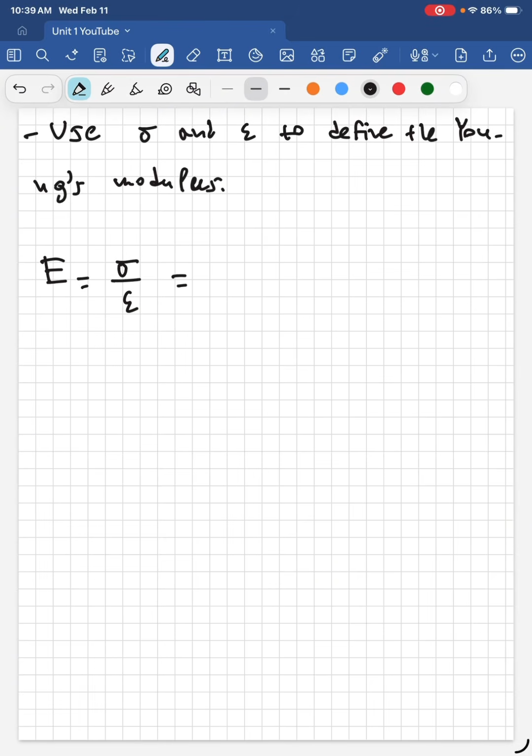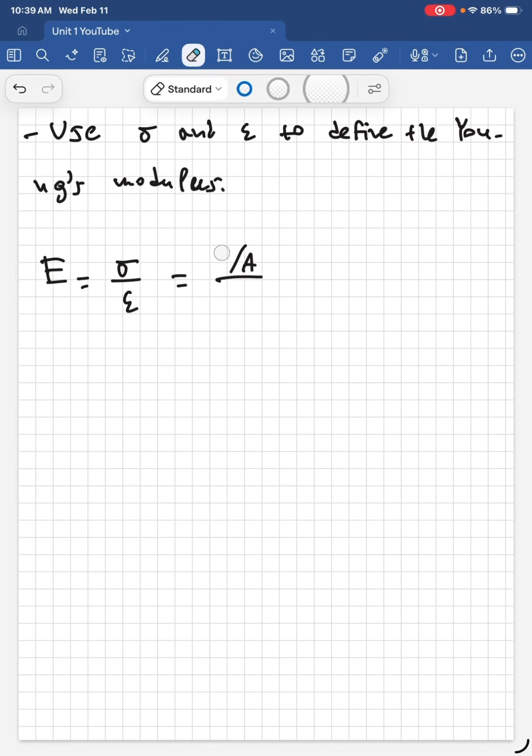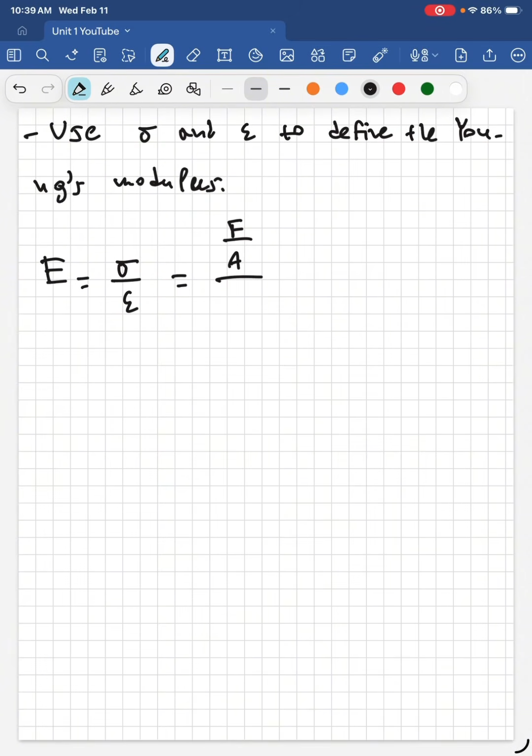But anyway, if we plug in the definition of stress, which is force over area, and strain is extension over the initial length, we also see that the Young's modulus is equal to force times L over area times delta L. And what are the units of Young's modulus?